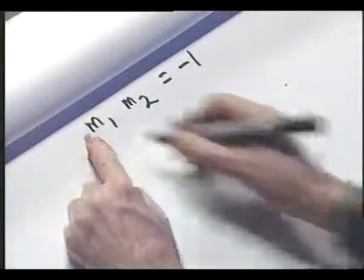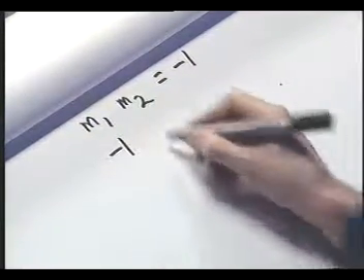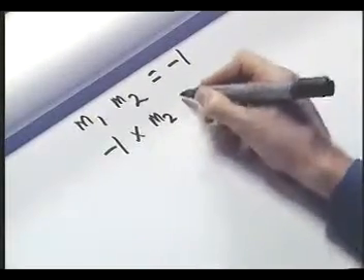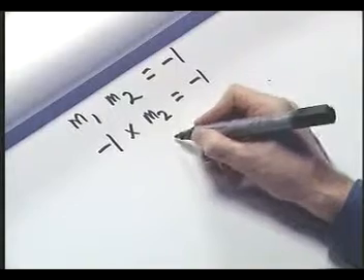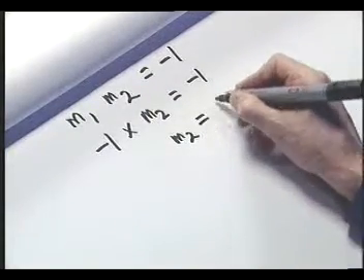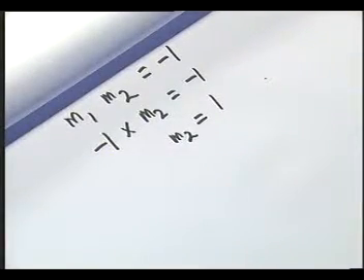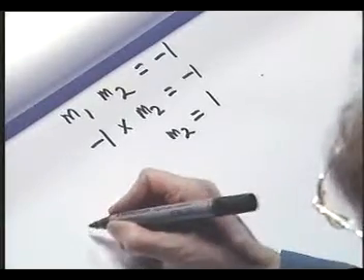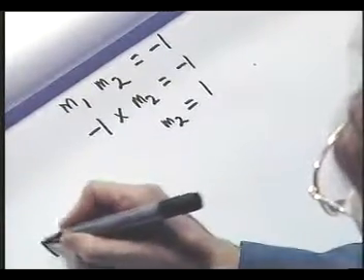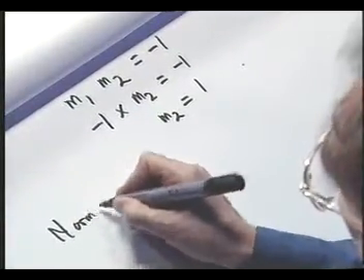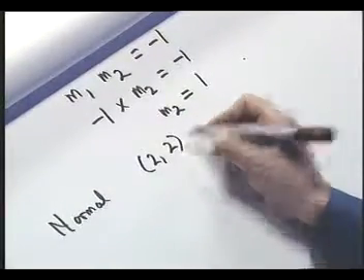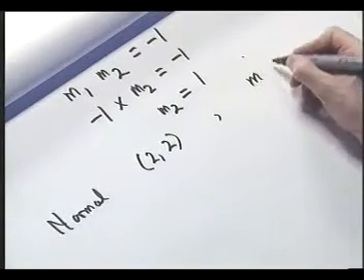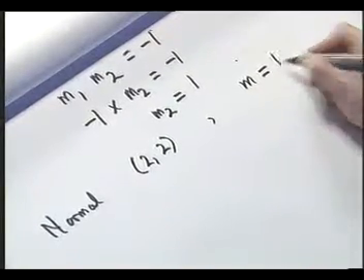I know the value of this, it's minus 1 times m2 equals minus 1. And the only number m2 can be there is 1. So now for the normal, I want its equation. I've got the point that it goes through, which is (2, 2), and I've got its gradient, which is 1.